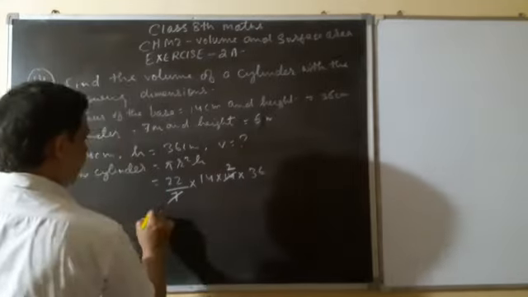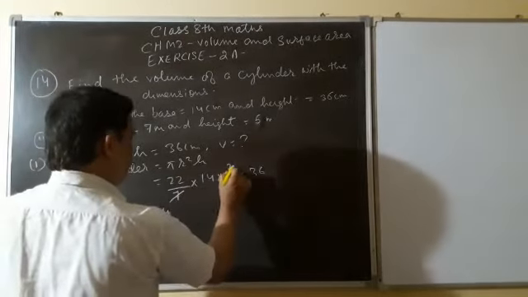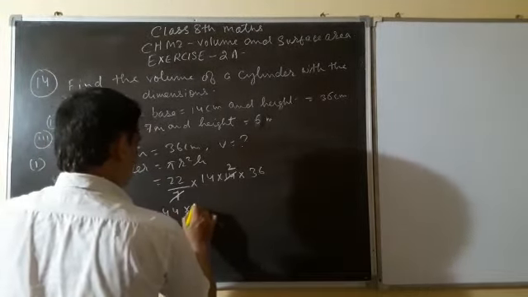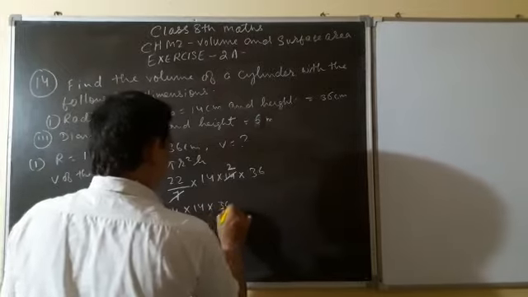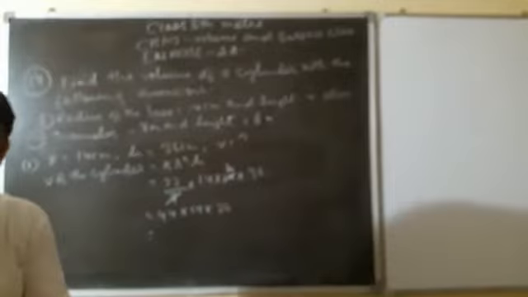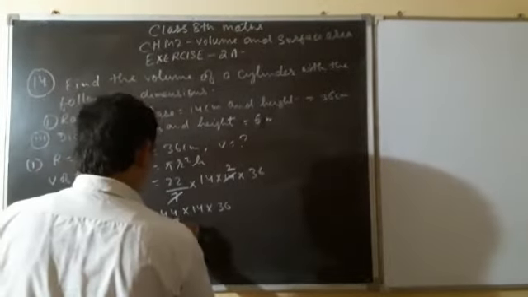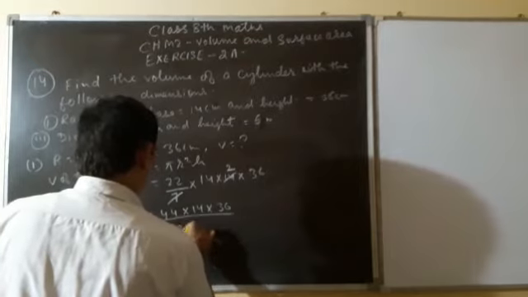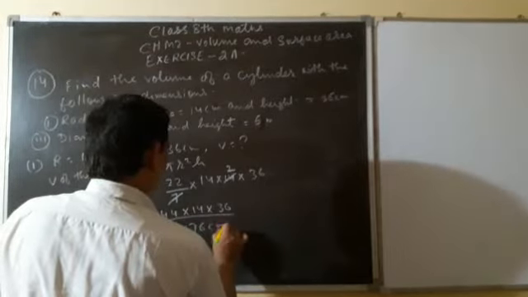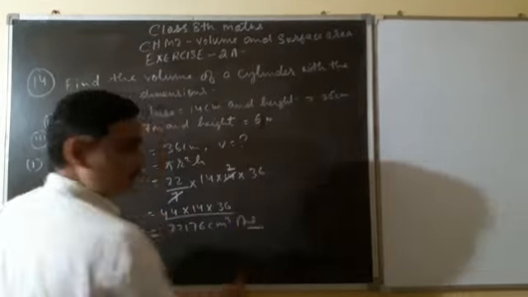Now let us multiply 22 into 2, that is equal to 44 into 14 into 36. When you multiply this number, you will get 22176 centimeter cube. This will be our answer.